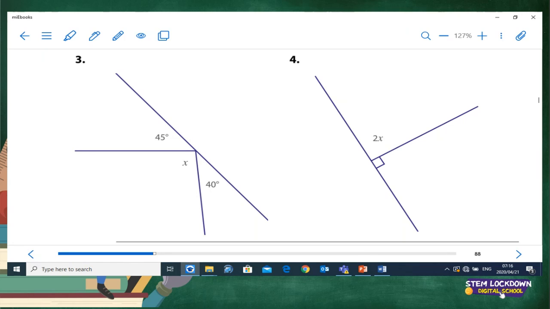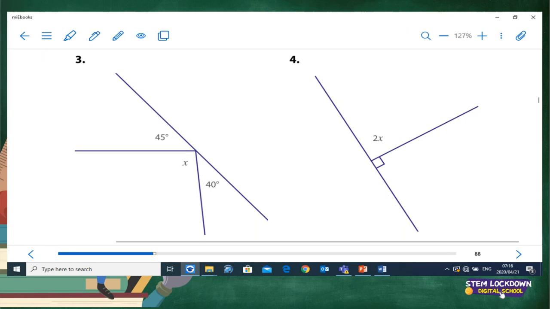And yet again, if you look at the fourth one as well, you should be able to see that we have a 2x here, which is an adjacent angle to 90 degrees. And that is information that is given. You are told that the adjacent angle here is 2x, and its adjacent angle there will be 90 degrees.